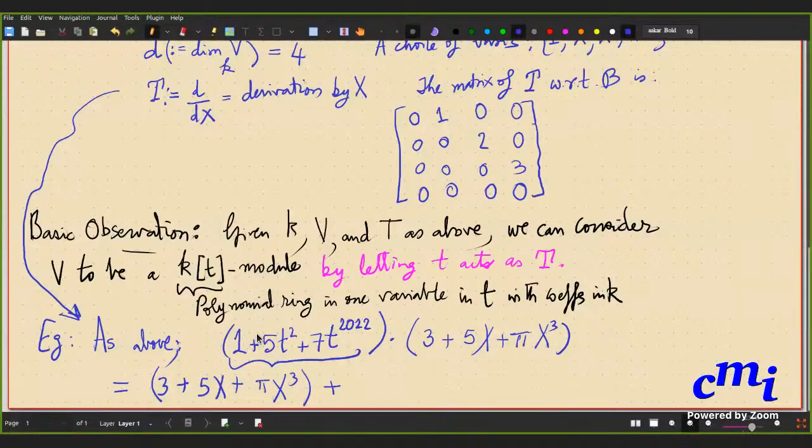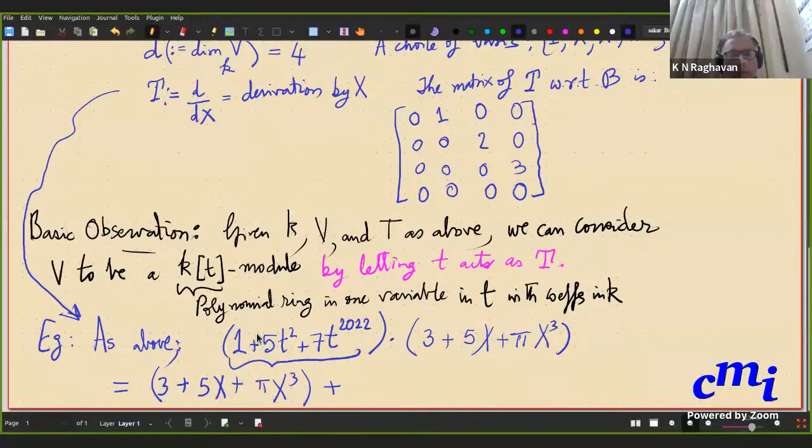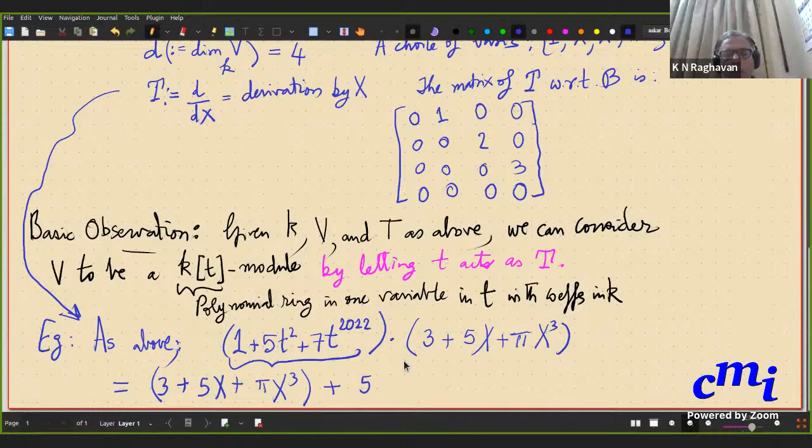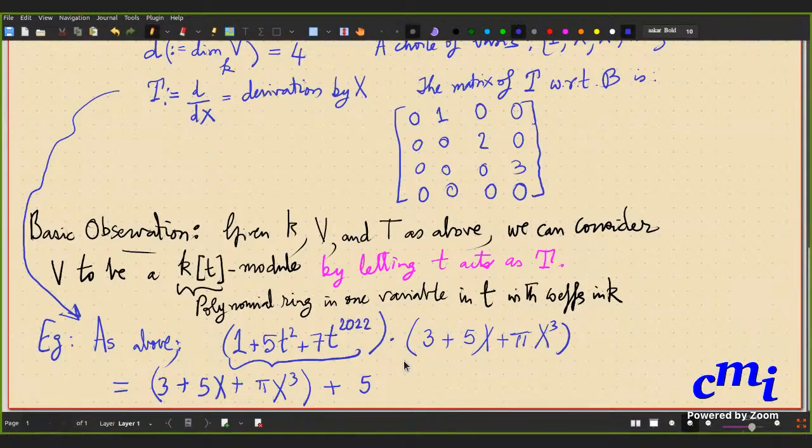It's a transformation. So we are doing normal multiplication and consider small t as capital T. That's all. Right. Exactly. So 5 times t squared means composition of T. T is differentiation; 2 times we have to differentiate, it's 0 plus 5 into 0 plus 3.